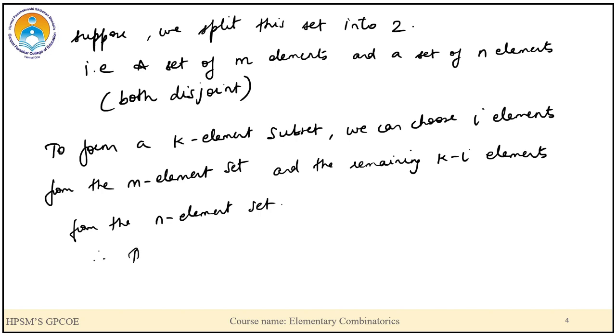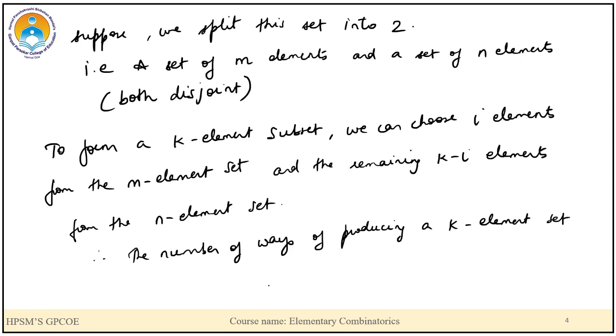Therefore, the number of ways of producing a k element set would simply be the sum running from i to k, m C i, n C (k minus i).